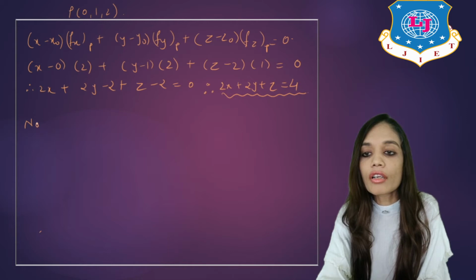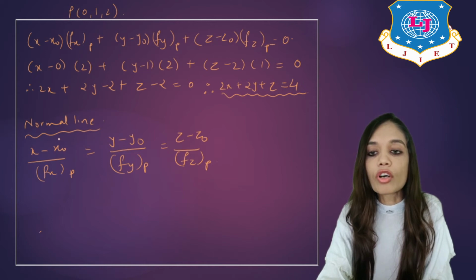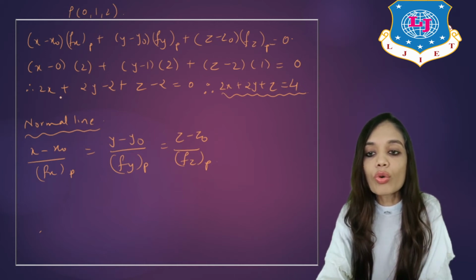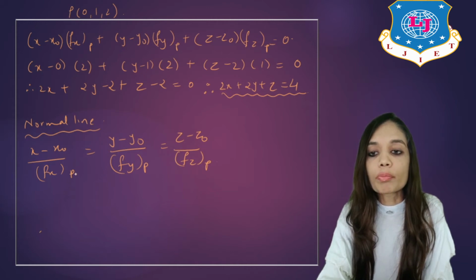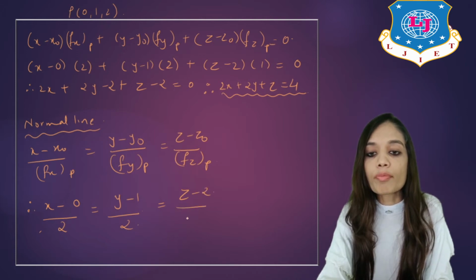Now let us find our normal line. So the equation of normal line is given by (x minus x0) upon fx at point P is equal to (y minus y0) upon fy at point P equals (z minus z0) upon fz at point P. Again let us put the values of x0, y0, z0, that is 0, 1, 2, and the partial derivatives at point P. So the answer will be (x minus 0) upon 2 is equal to (y minus 1) upon 2, and lastly (z minus 2) upon fz at point P, which is 1.